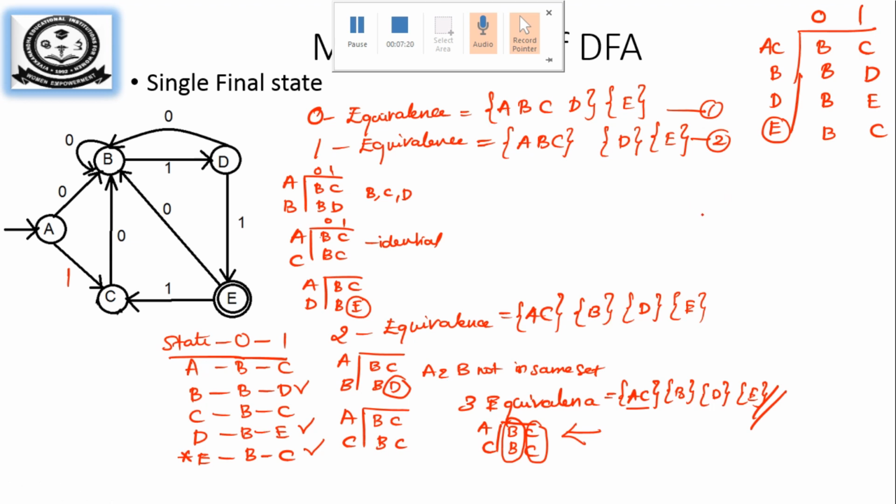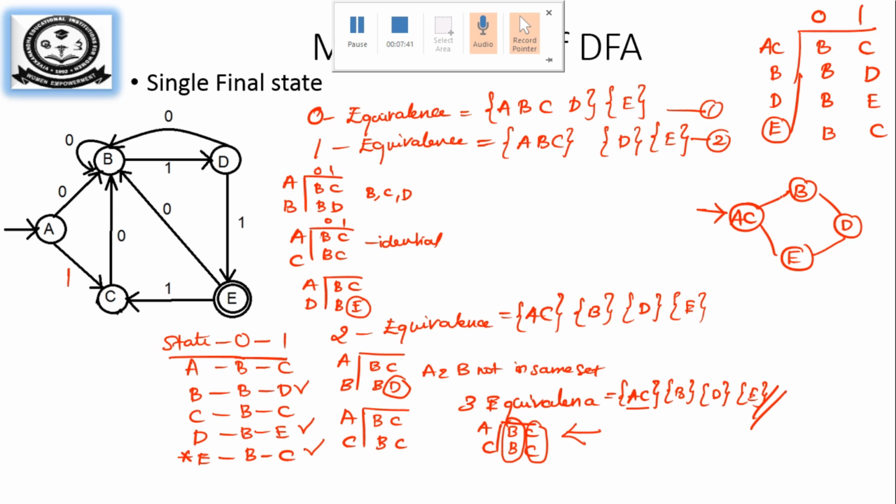So the final minimized diagram is, you have AC, you have B, you have E, you will have D. Okay, so now AC is your starting state.